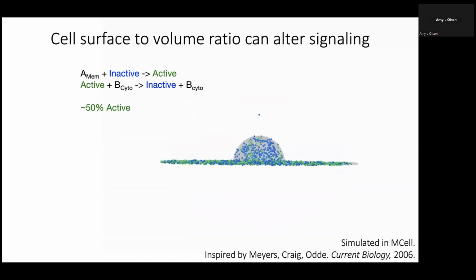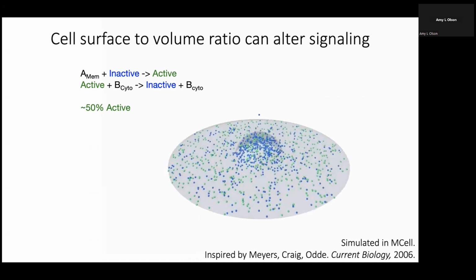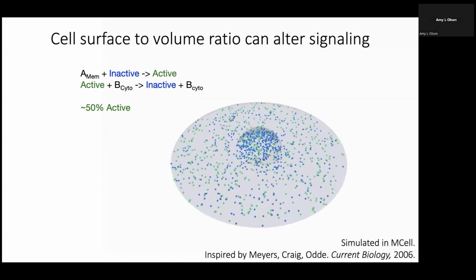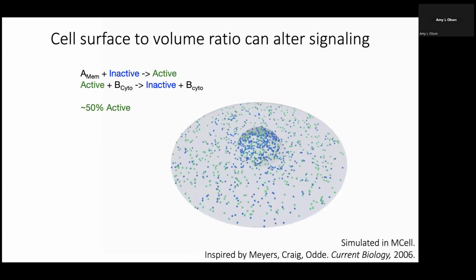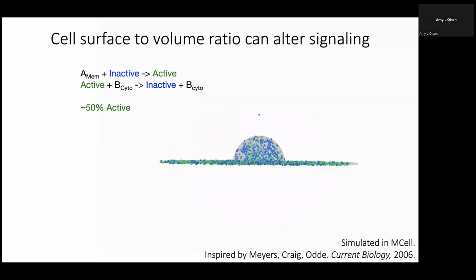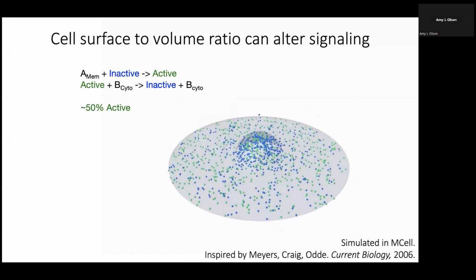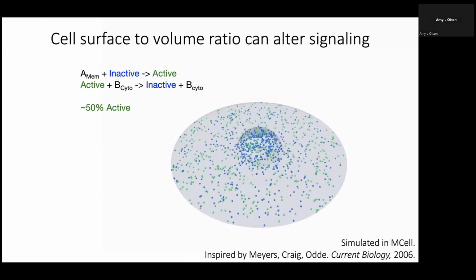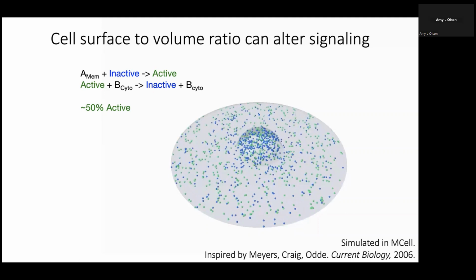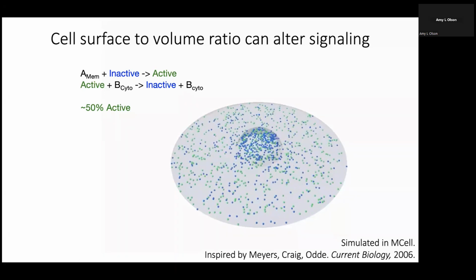So this is just a toy model, but it shows that even in almost the simplest possible signaling reaction we could imagine, the cell morphology affects the outcome of that reaction, right? So we want to study morphology in 3D, not only because it is required to understand how cells function, but also because signaling in 3D is changed, which could change other aspects of the cell state, right?